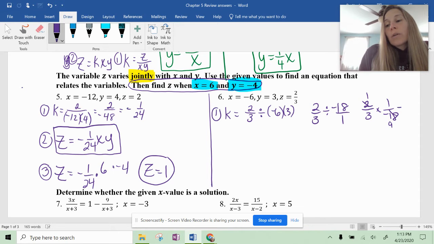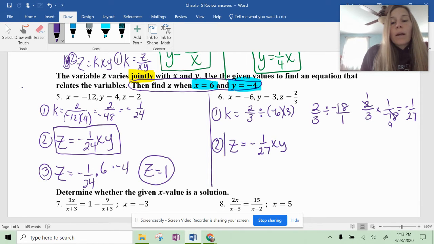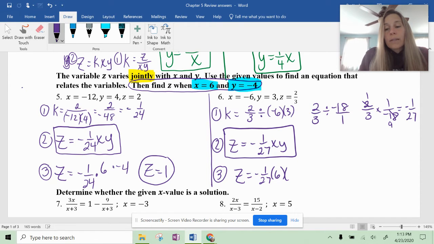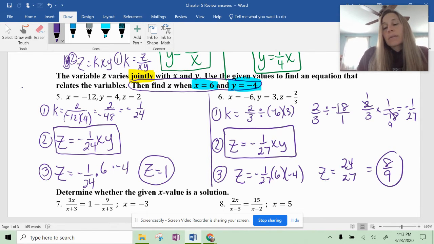So this is actually going to become -1/27. So then we go to write our equation. z would equal -1/27 times xy. That's our joint variation equation. And then for part 3, we're going to solve for z in the event that x was equal to 6 and y is equal to -4. So that is going to give us 24/27, which then will simplify to 8/9.